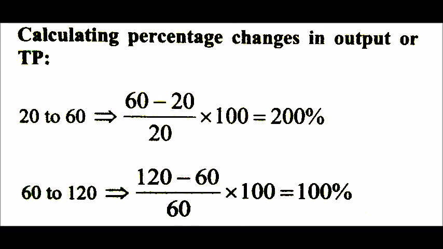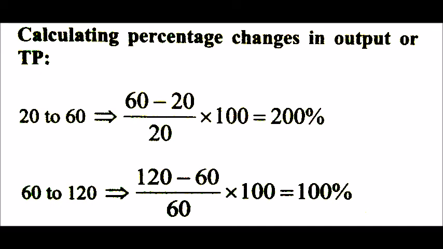We start from 20 to 60. So from 20 to 60, you get 200%. You subtract 20 from 60, then divide by 20, as the formula says, x2 minus x1 divided by x1. So 60 minus 20 divided by 20 times 100, you get 200%.